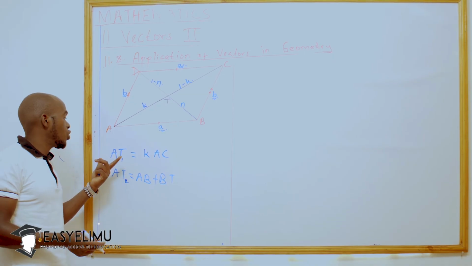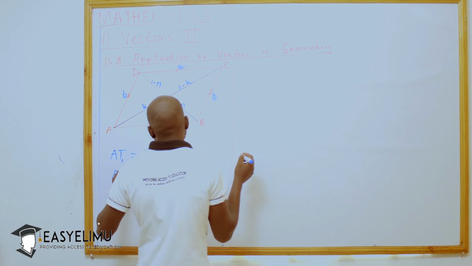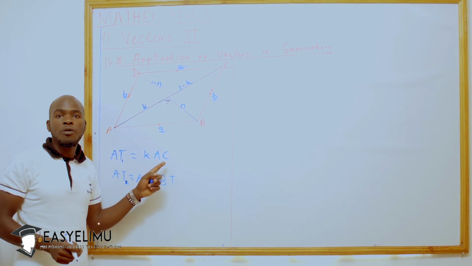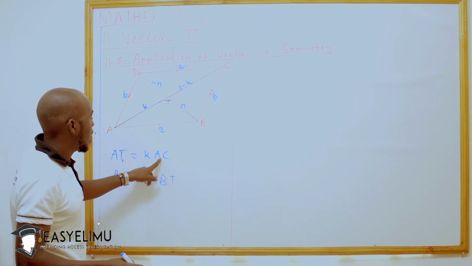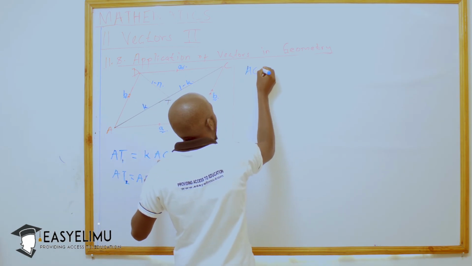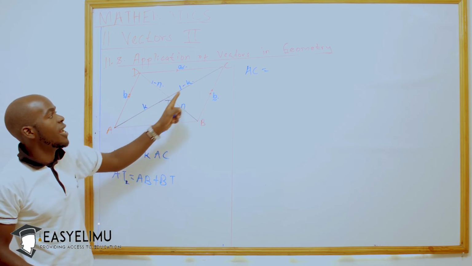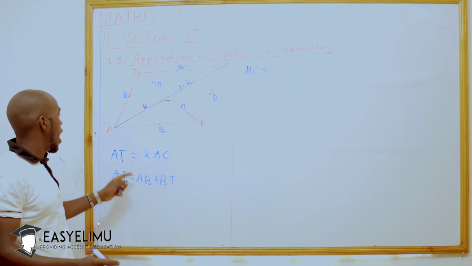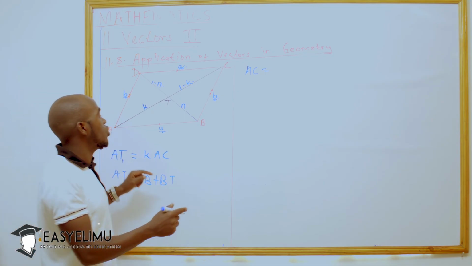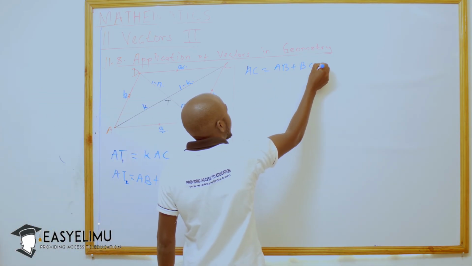Now I'm going to consider the first route, where we find AT, but we know it is K of AC. So what I shall do now, I will take AC first and find out what is vector AC in case I go directly from A to C. I'm going to get AC equal to AB plus BC.